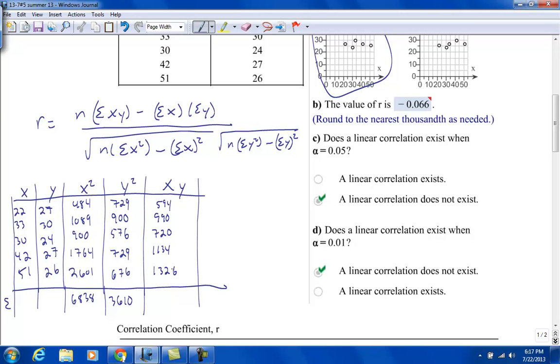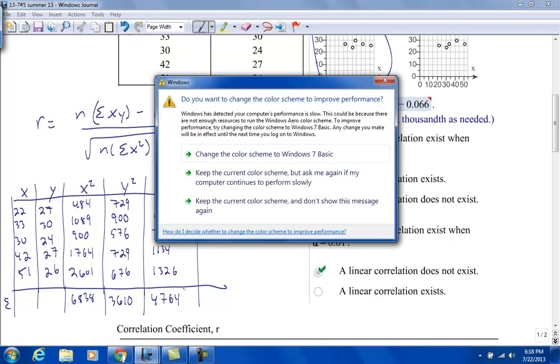So I'll add those up. 594 plus 990 plus 720 plus 1134 plus 1326. That's 4764.